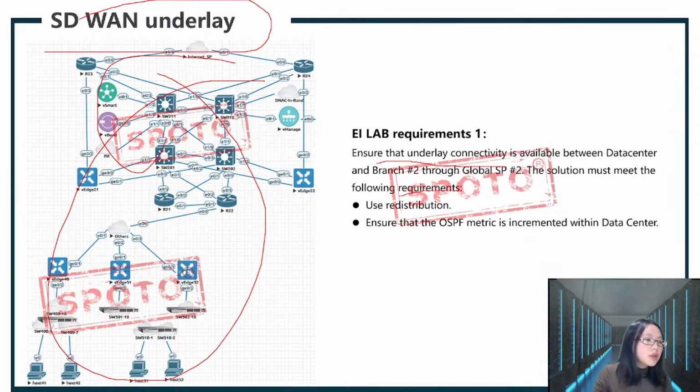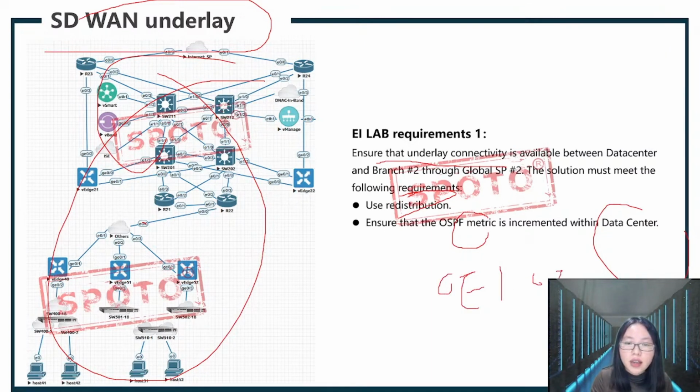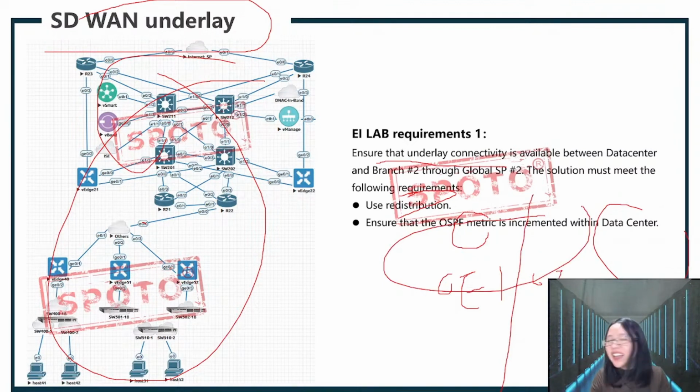Use redistribution, and ensure that all OSPF metrics are incremented within the data center. We know the OSPF metric types are OE1 and OE2. Do you know the answer? OE1 and OE2 metric.